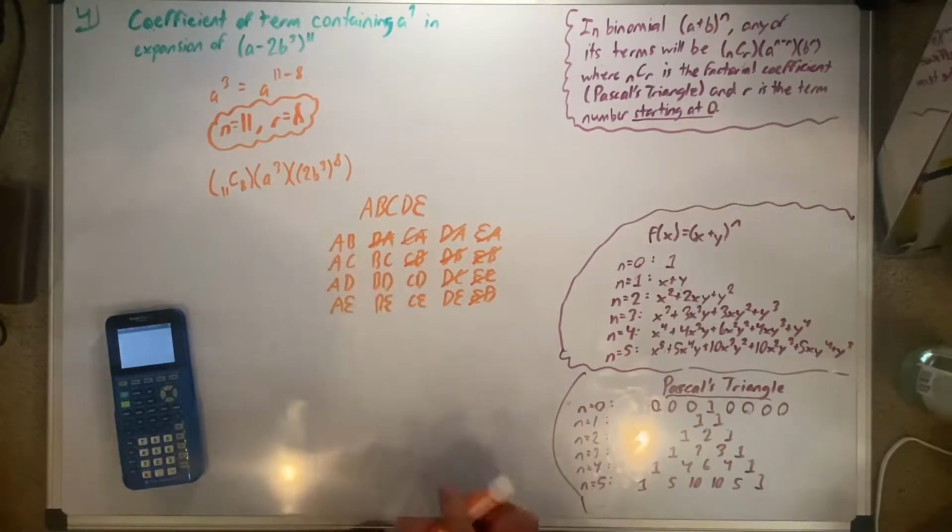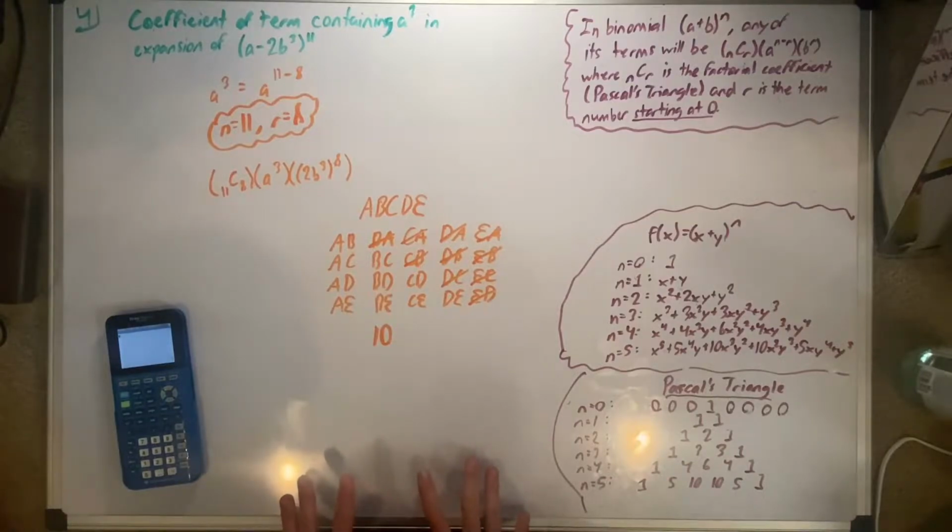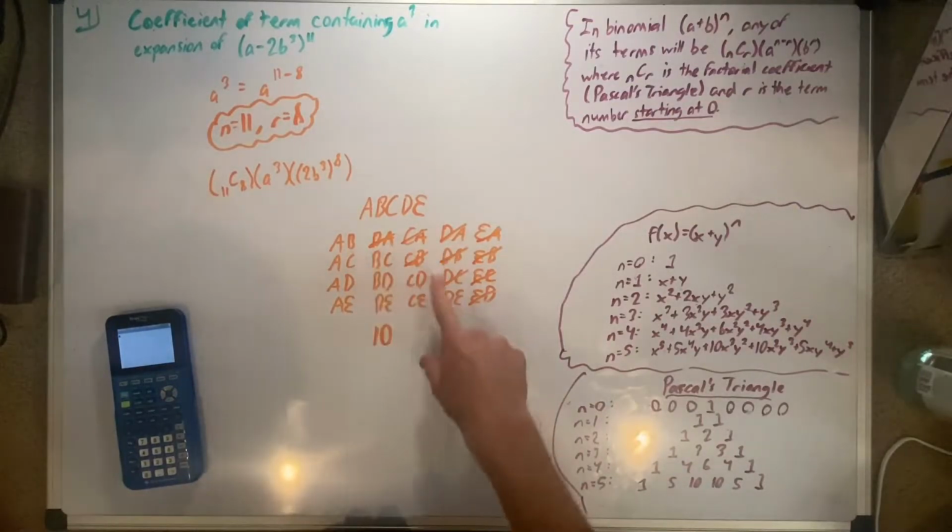So that would be 10 there, and we've eliminated 10 others. So that's why you would divide that out, because if you notice, that's actually divided by 2.